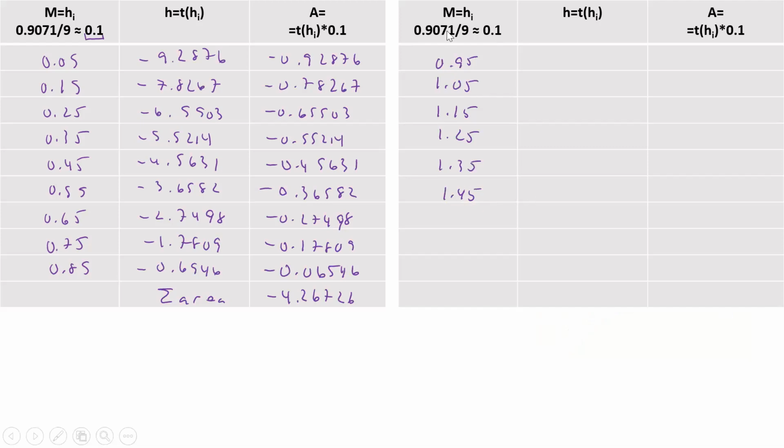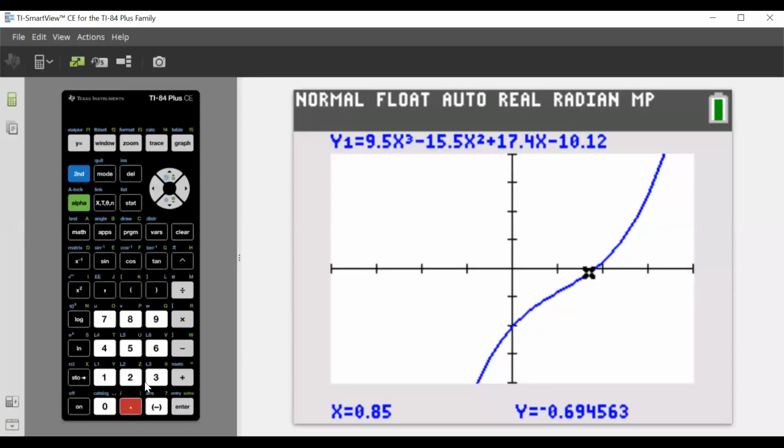And so again, we're going to go back over here. And now we start at 0.95. So it's 0.5663.